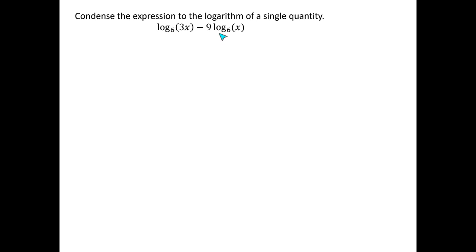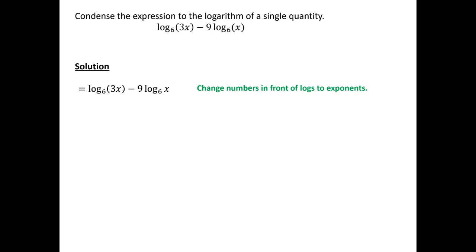Before you do anything though, you want to make sure that the numbers in front of the logs are ones. If they are not a 1, then we want to go ahead and apply the power rule. And this 9, for example, came from being an exponent, so we're going to put it right back as an exponent. Okay, so always make sure that the numbers in front of logs are taken back as exponents.